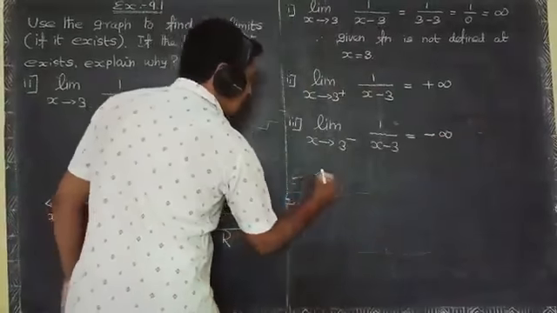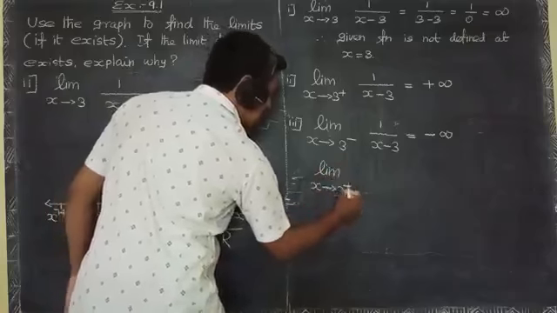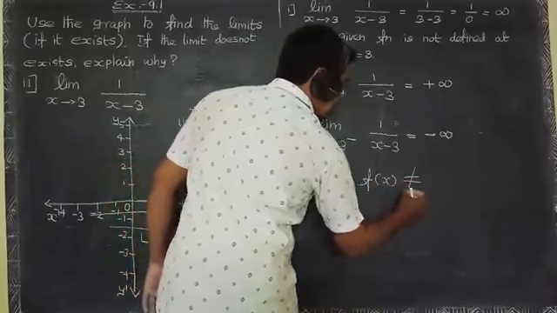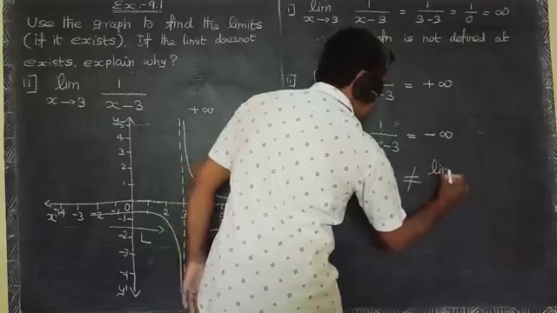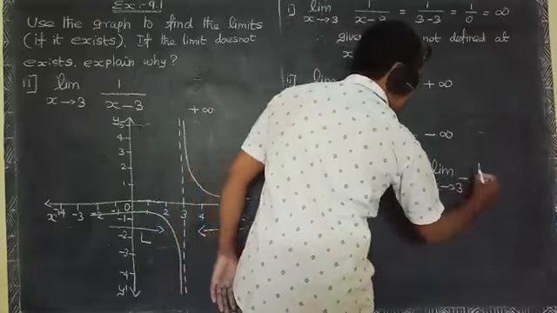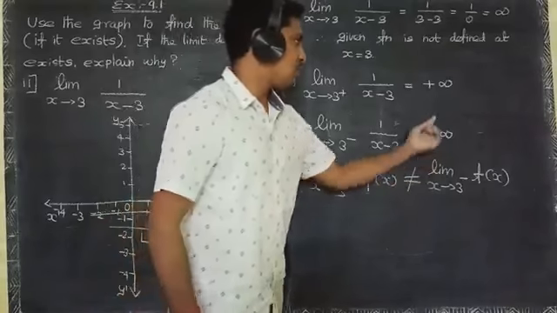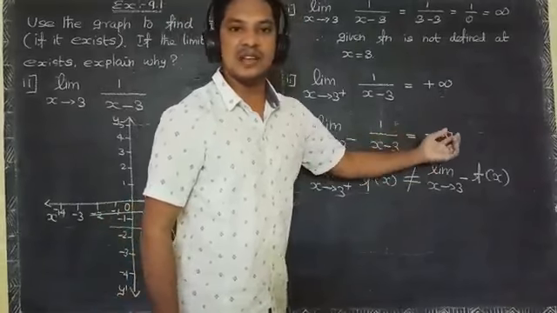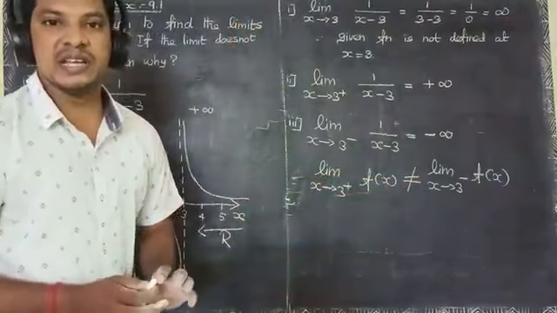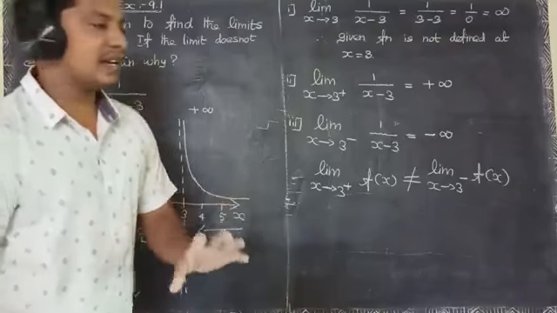Here, limit x approaches 3 plus f of x is not equal to limit x approaches 3 minus f of x. Both are different values, that is, distinct values. Therefore, the limit of the given function does not exist.